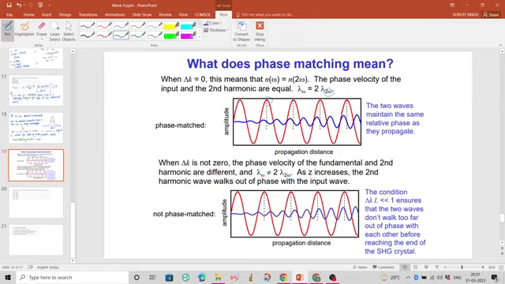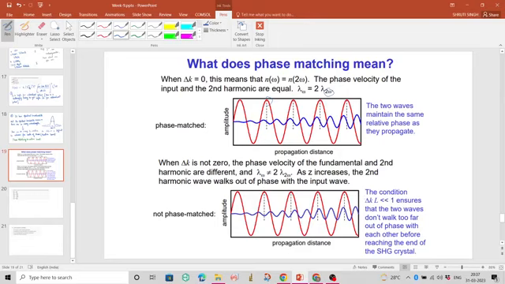Here it is matching somewhere else. Here maximum of this is matching nearly to the maximum of this, and here also to the maxima. So this is the situation where the phase matching is not happening. The fundamental and the second harmonic are at different phases as they propagate.